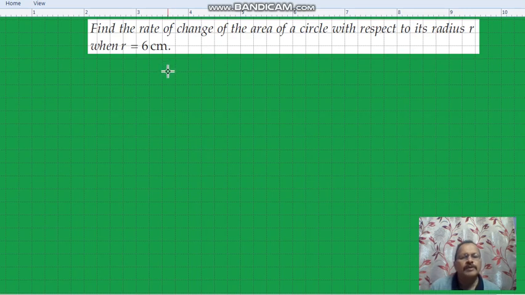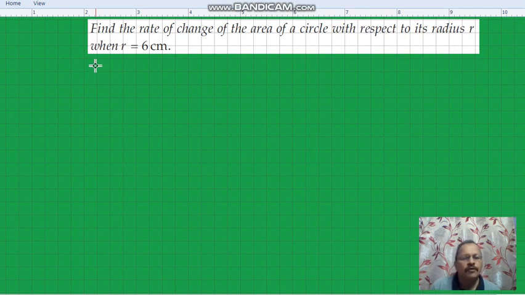The first problem we take is: find the rate of change of area of a circle with respect to radius r when the radius is 6 cm. In this problem, first of all, we have to write the formula for area of the circle in terms of radius.